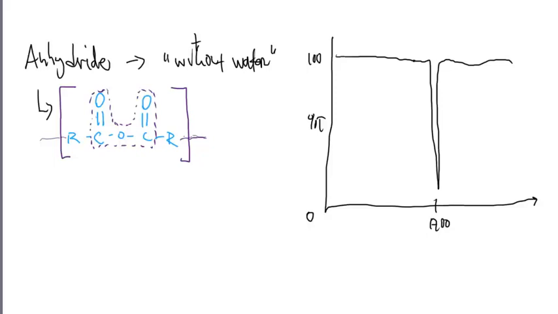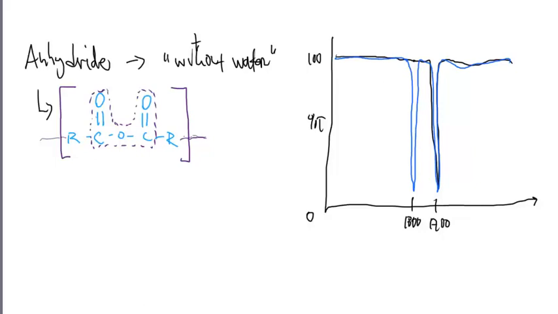The difference is that these happen at a different location. So for an anhydride, we would actually see a signal on the infrared happening at 1800, and then it goes back up, give or take a little bit, and then around 1700, and then it goes back up, give or take a little bit. And they're going to be about the same intensity.